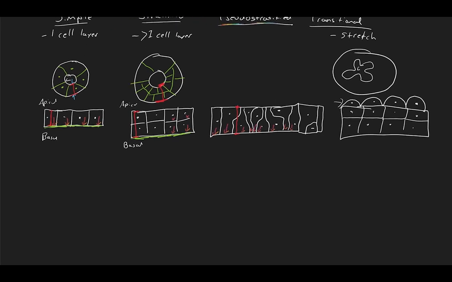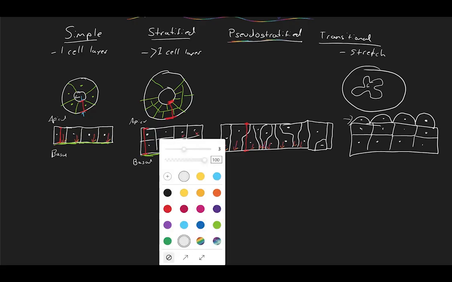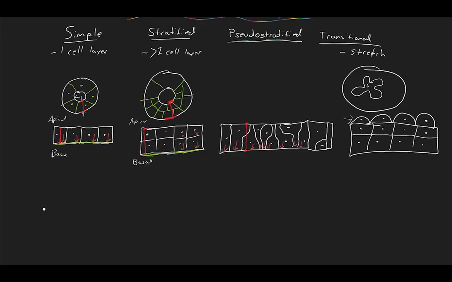Now, when we look at our epithelium, the other way that we can classify epithelium is based off of the cell shape. Cells can be flat or scale-shaped, and we call those squamous cells. They can be cube-shaped. We don't call them square because this is 3D.